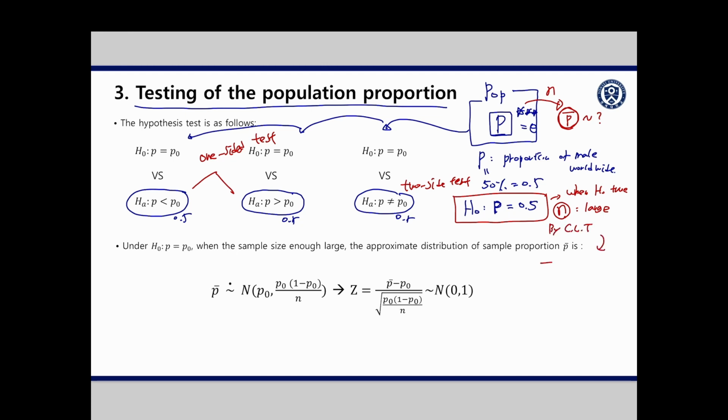So (P bar minus 0.5) over the standard error approximately follows the standard normal distribution. Okay.